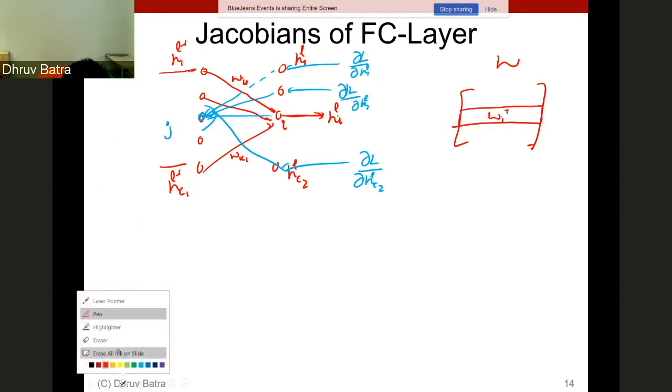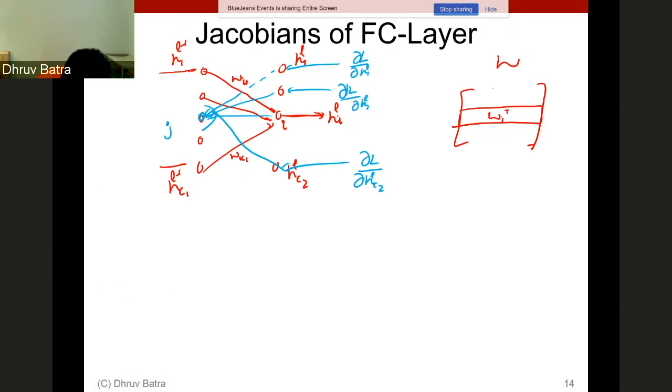And if I take a particular column of W, and let's say it's the jth column, each one of the weights on that column corresponds to weights on the blue edges.